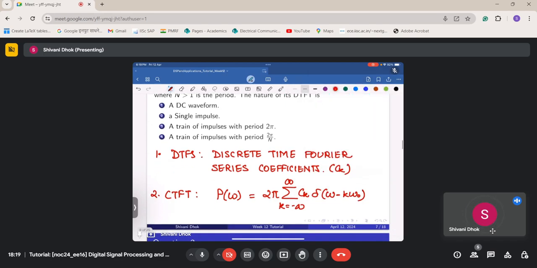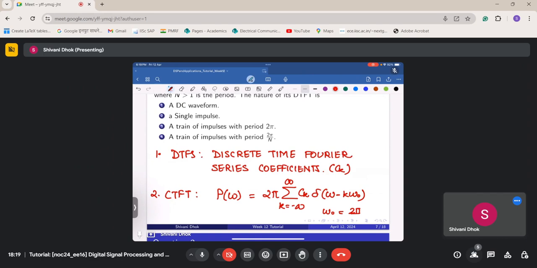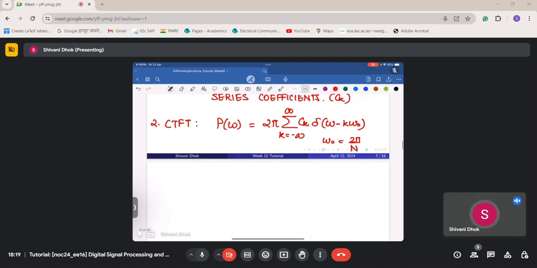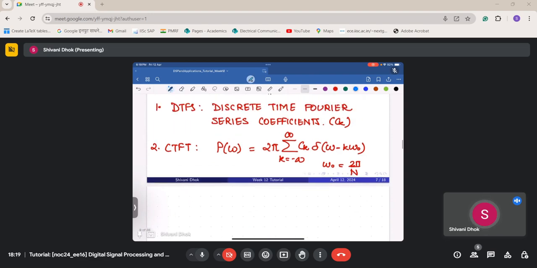And here omega naught will be equal to 2 pi by N. Okay, so this is a standard way of doing this thing for a periodic signal. It will include some impulses.